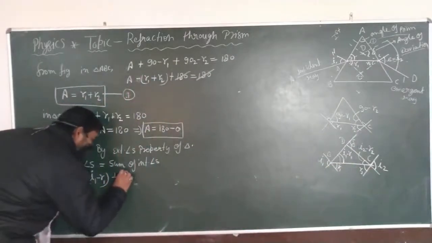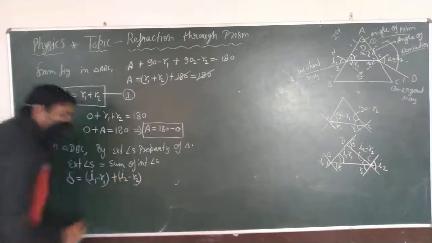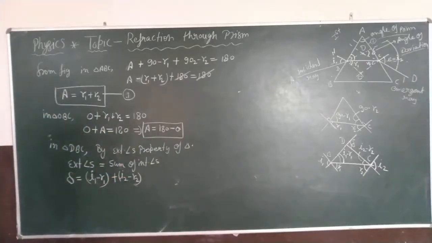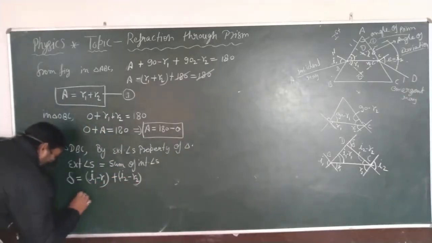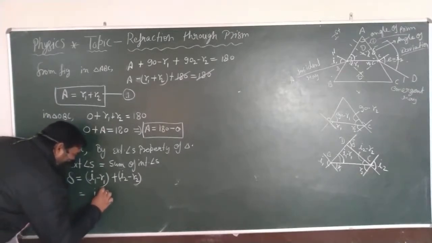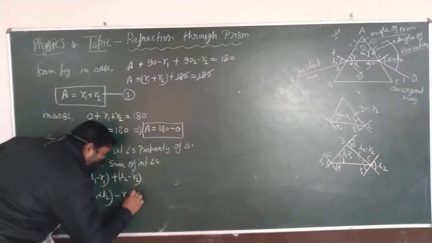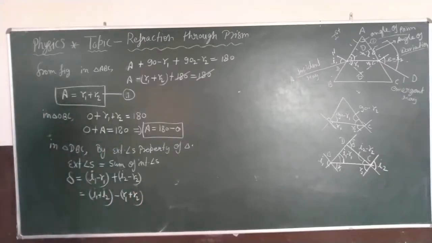Clear? Now equate the angles of incidence together and the angles of refraction together. So you will get from here I1 plus I2 minus R1 plus R2. Clear or not?